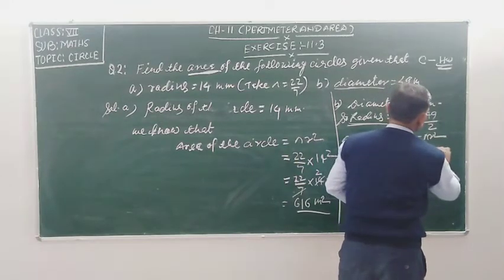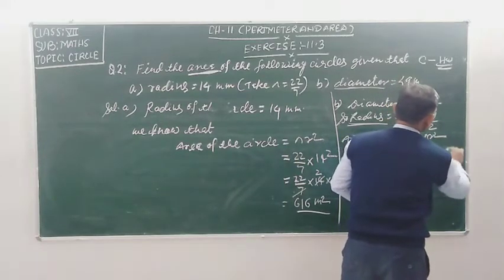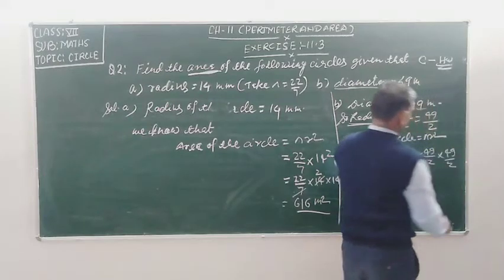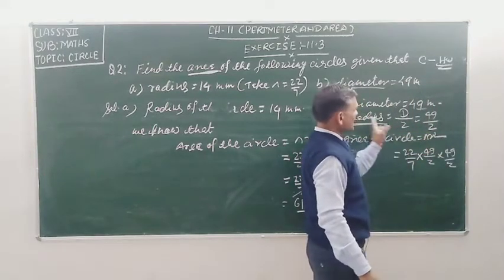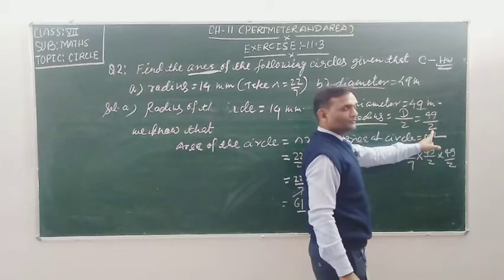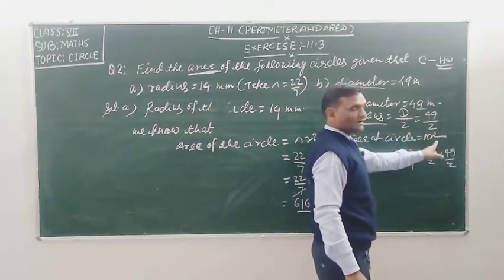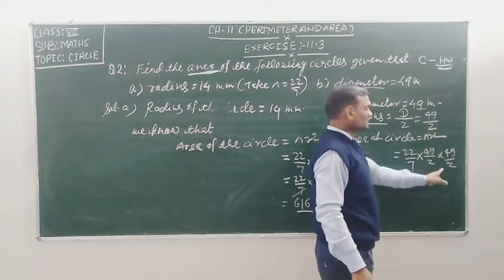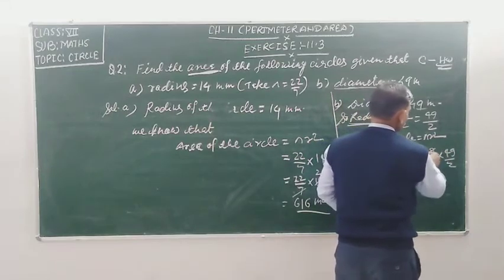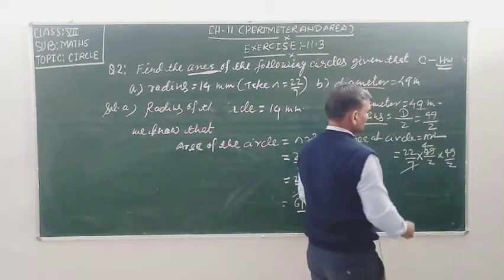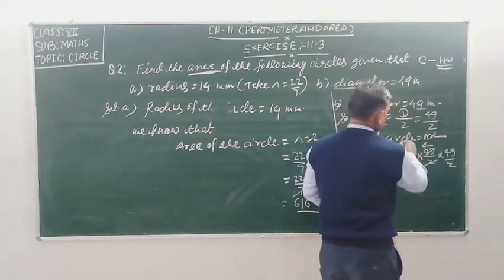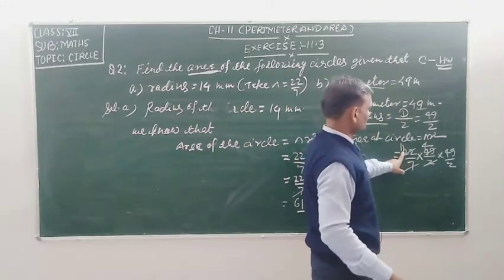R square means 49 upon 2 into 49 upon 2, because r is equal to 49 upon 2. So 7 sevens are 49 and 2 elevens are 22.